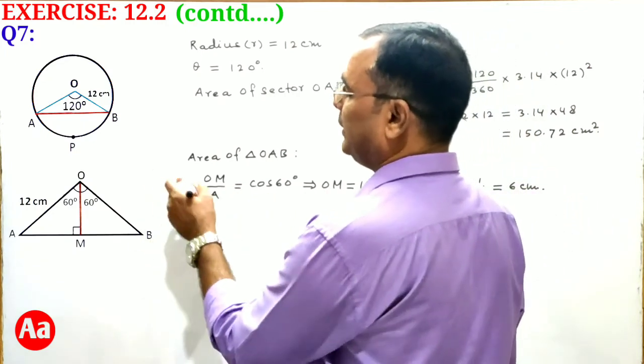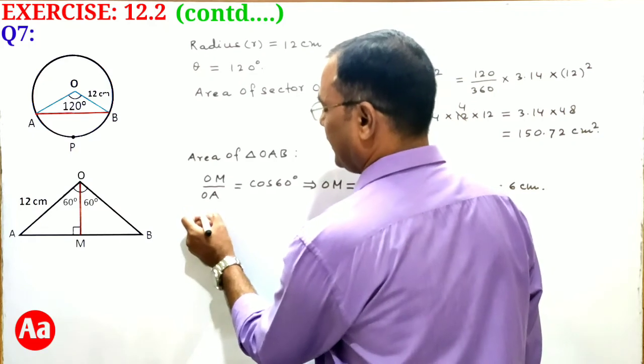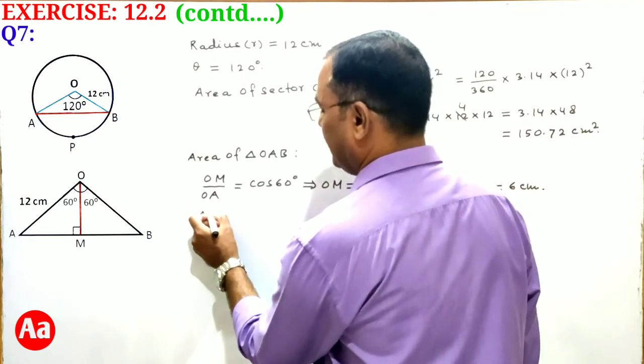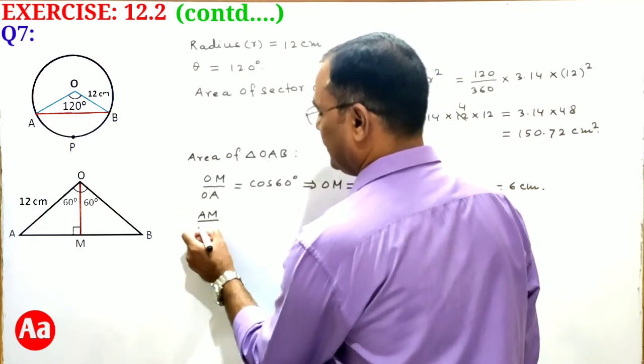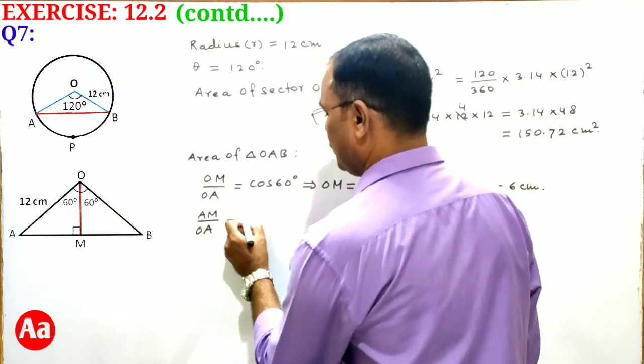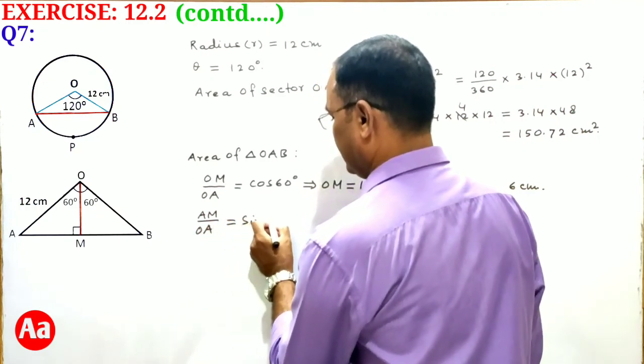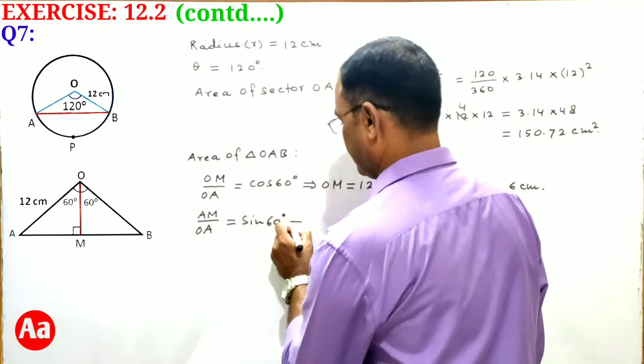Also AM by OA is equal to sine 60 degrees.